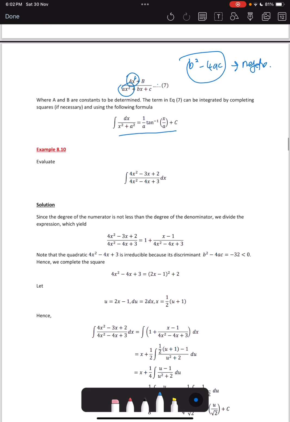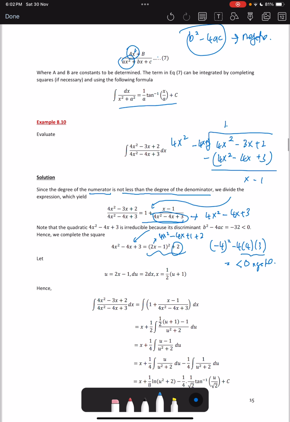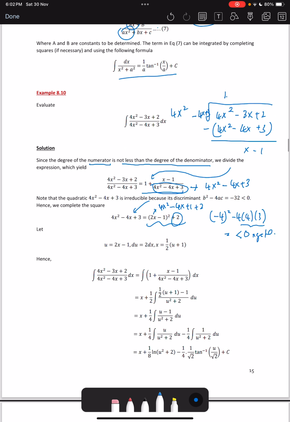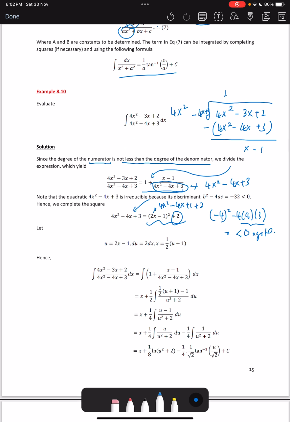Alright, now what we do is substitution. Let's say u is 2x minus 1, du will be 2 dx, and x will be half u plus 1. So now we put it back here, 1 plus x minus 1 divided by 4x squared minus 4x plus 3.